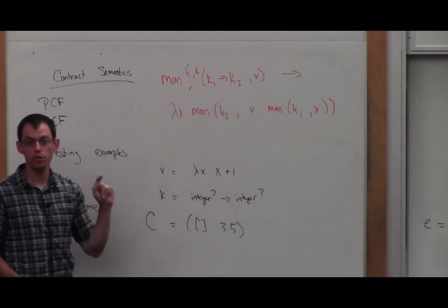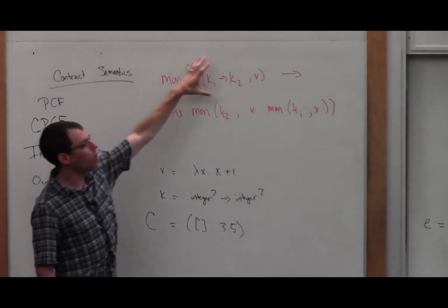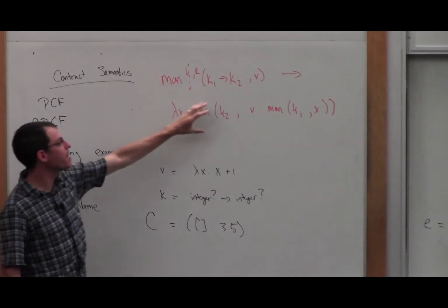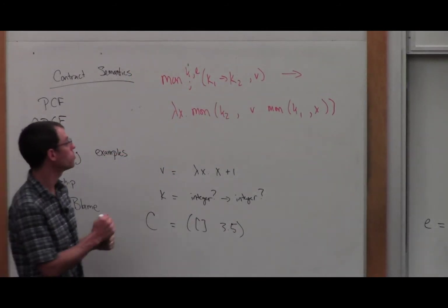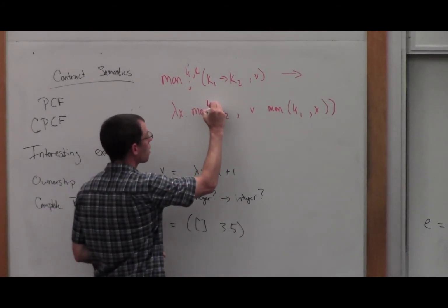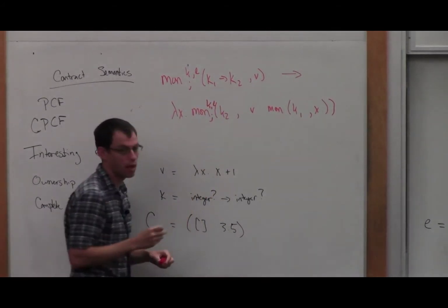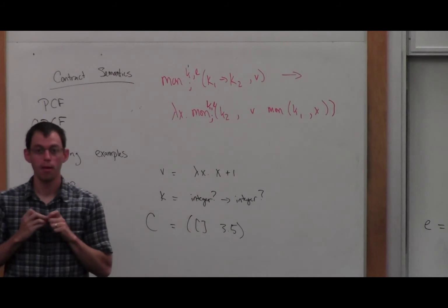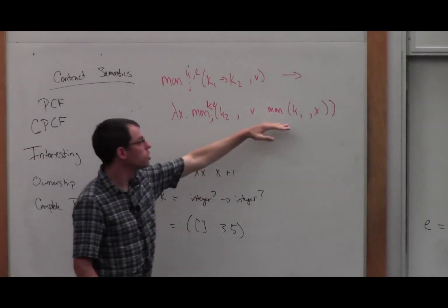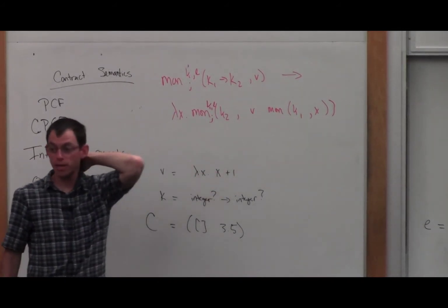So the labels for the whole initial contract are going to be the same as the labels for checking K2. But the labels for checking the argument are going to be different.